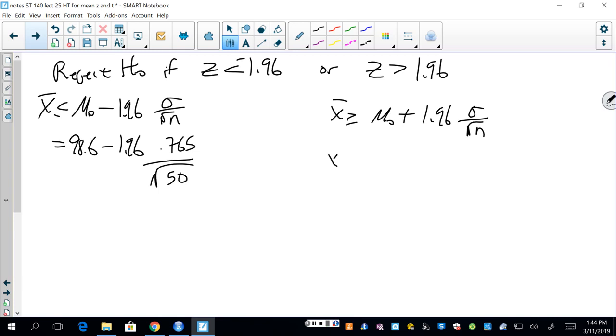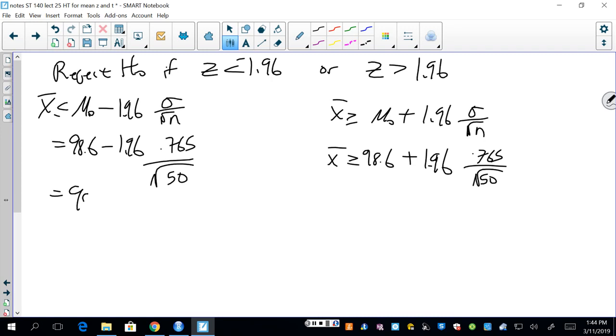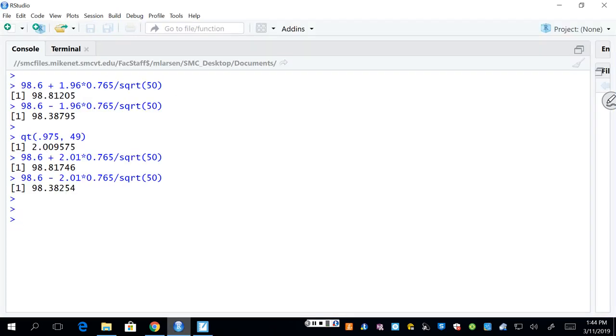Same deal over here. 98.6 is the null, plus 1.96 times 0.675 over the square root of 50. This value ends up being 98.34 degrees Fahrenheit, and the upper value, when I calculated it, is 98.81.